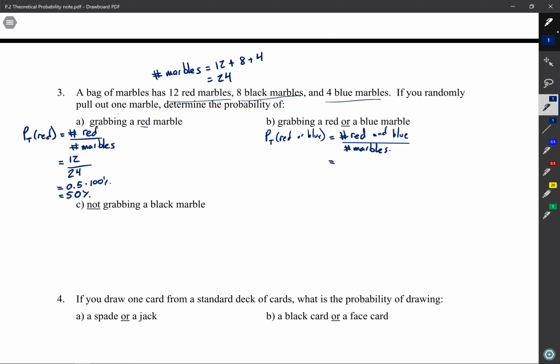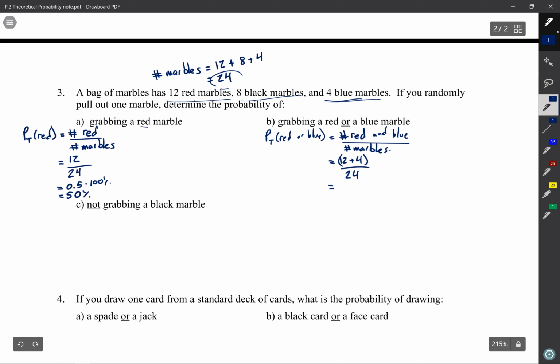Well, the number of red, I have that above, that's 12, and I have 4 blue marbles right here in brackets. Those brackets are important. Divided by the number of marbles, which, as we calculated above, it's 24.